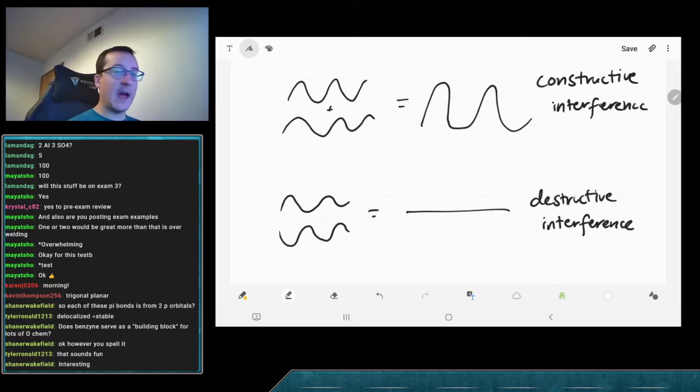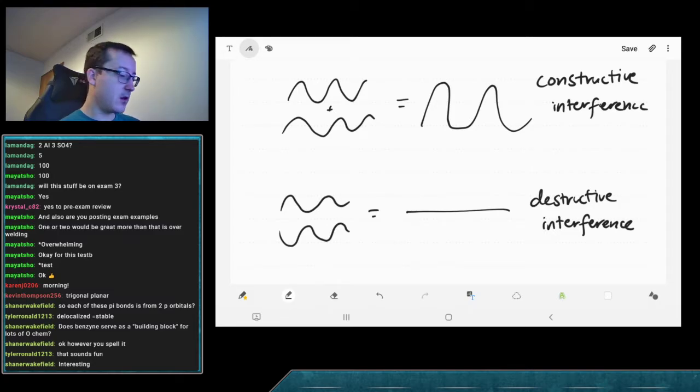So with waves, we can add them up. If they're in sync with each other, we make constructive interference, which means the waves just get added together. You get an extra big wave, a happy big wave. If your waves are opposite of each other, out of sync, they cancel each other out. Just like vectors, right? If you're pulling in opposite directions, they cancel out.